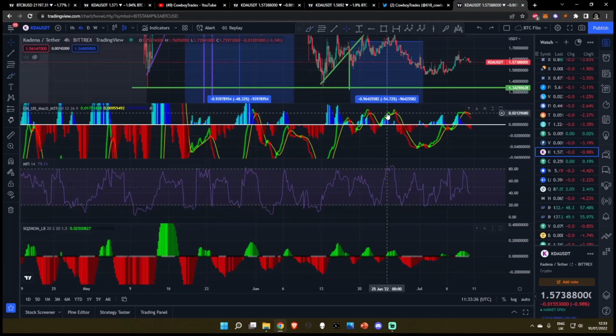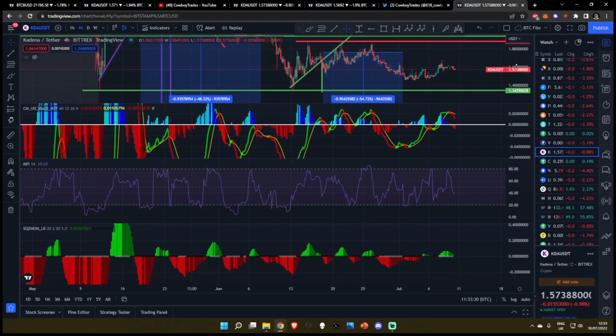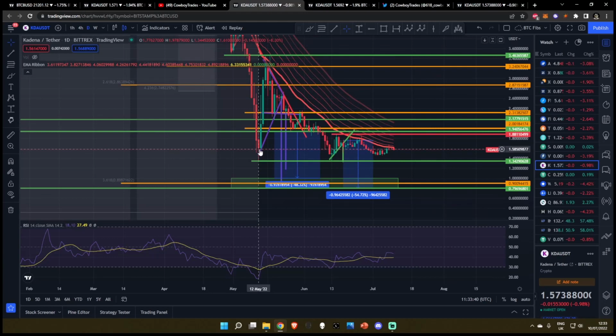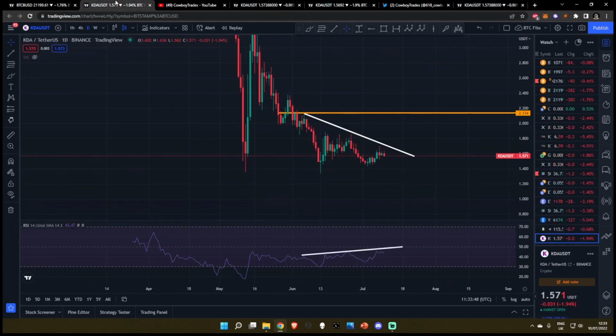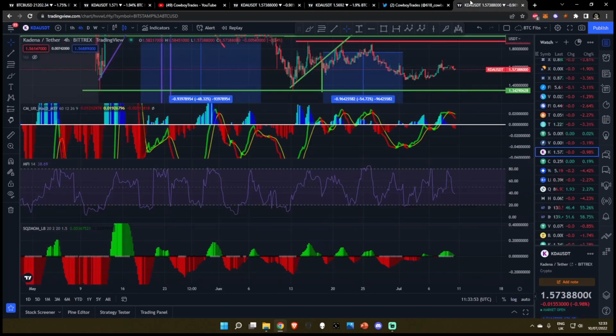So bears have a large amount of control right now, and the reason bears haven't taken 100% of the trend at this moment on the 4-hour is simply because when we look at the price, we are at the same price as we were on the 12th of May. So we have been lollygagging for approximately 60 days now, and I finally think this hidden bearish divergence is going to be in play very, very soon. I think we're really getting ready for the next breakdown.